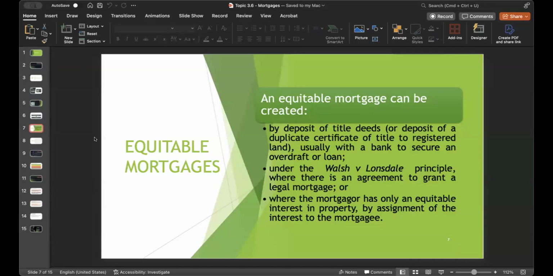So yeah, it's very important for you guys to read the Walsh v Lonsdale case. It is a very, very good case to solidify your understanding of legal mortgage and equitable mortgage. I think we can move on.